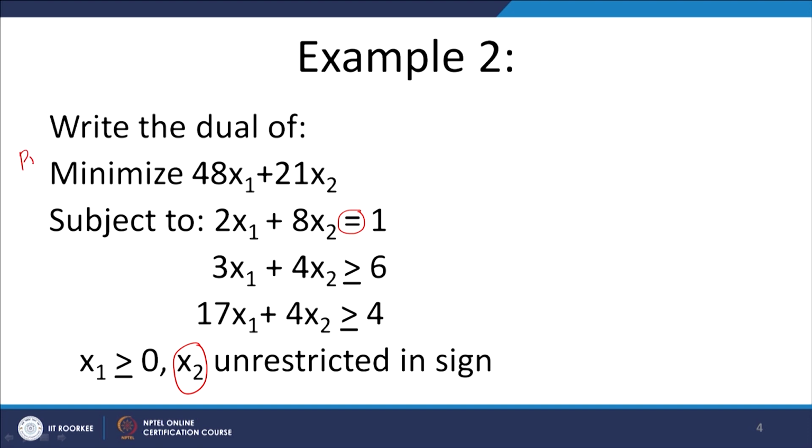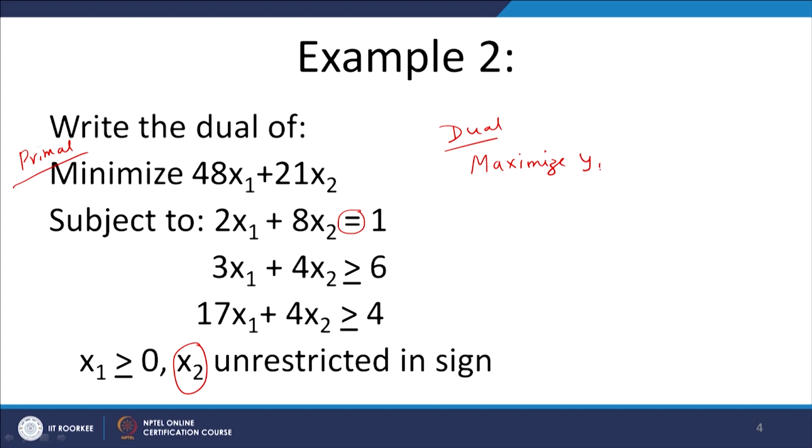If this is the primal, then the dual is as follows: minimization will become maximization, and as you can see there are 3 constraints. So, there will be 3 dual variables y1, y2 and y3.